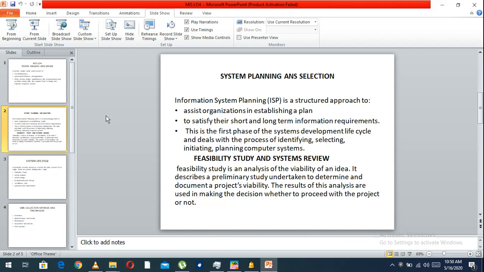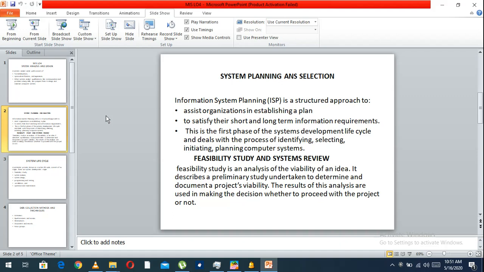This is the first stage of the systems development life cycle, and it deals with the process of identifying, selecting, initiating, planning computer system.